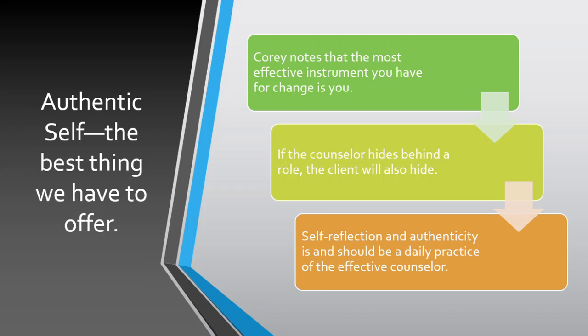Corey notes that the authentic self is the best thing we have to offer. The most effective instrument we have for change is us. We talked about that just a little while ago. But it's important because if we're hiding behind whatever role it is we're hiding behind, the client will hide also.